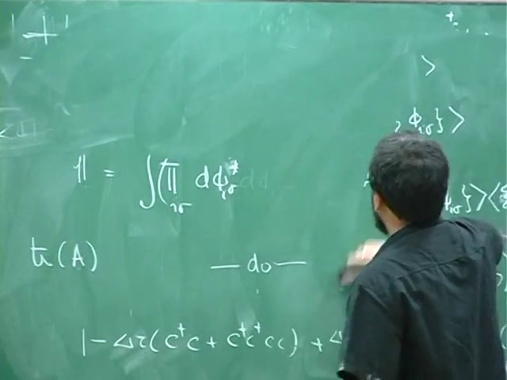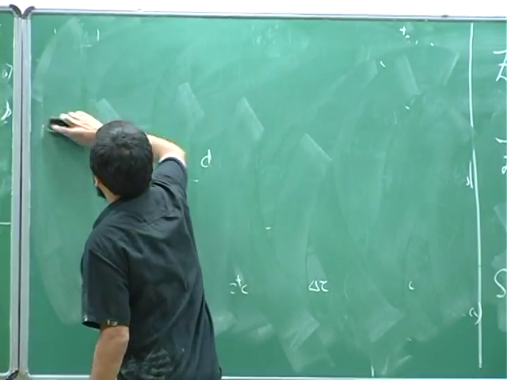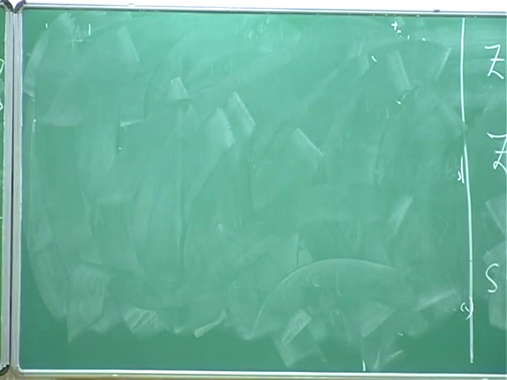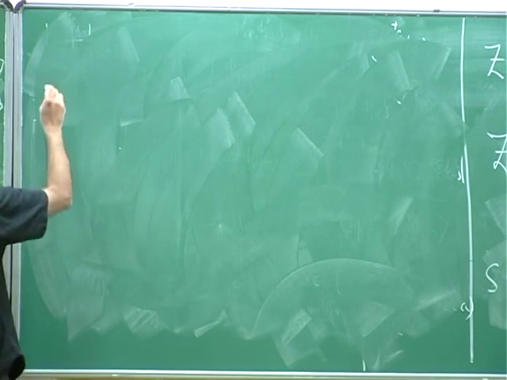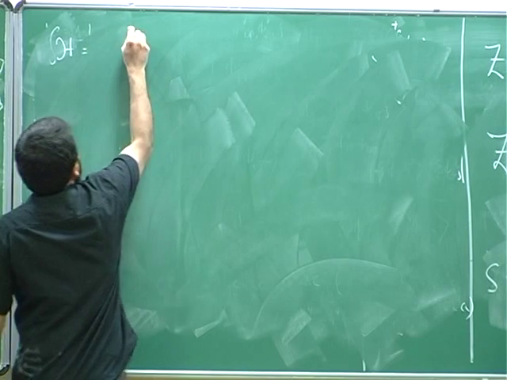I want to make one more comment. You recall that I discussed a problem in cold atoms in which I had made a notational error which Manoj had pointed out. And I had written a Hamiltonian for this. This is the Hamiltonian for that system.